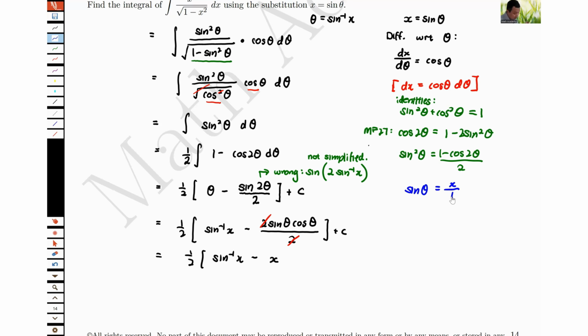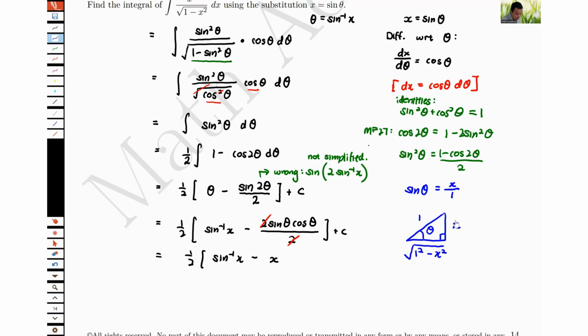How do we go from a sine to a cosine? We will need to go for a right angle triangle. This is your angle. Opposite over hypotenuse is x over 1. Think of a right angle triangle. Opposite over hypotenuse. So the last length below will be 1 square minus x square if we do Pythagoras theorem, square root.